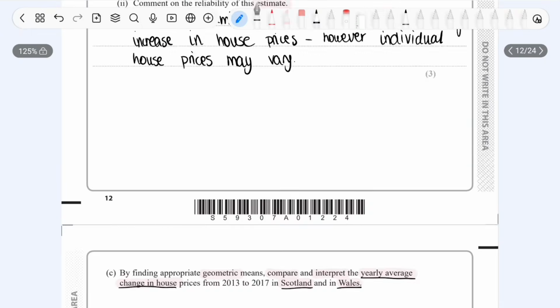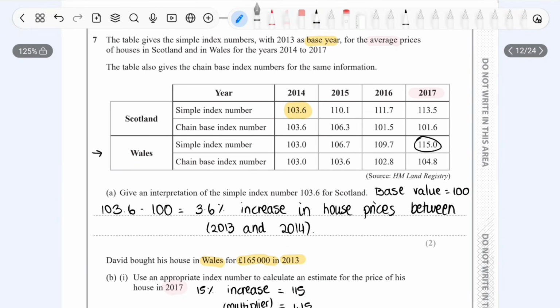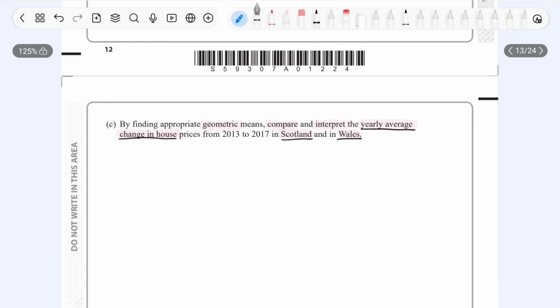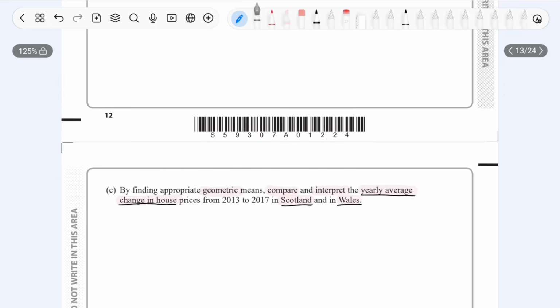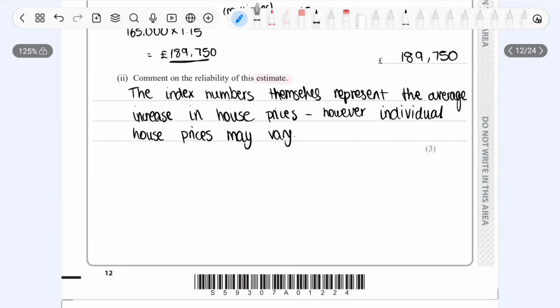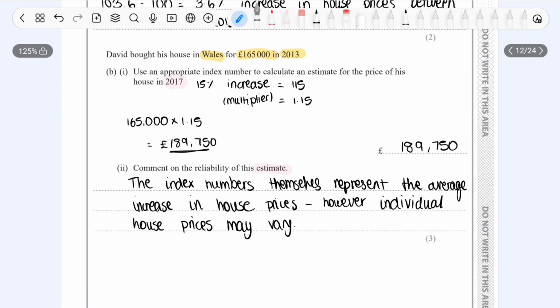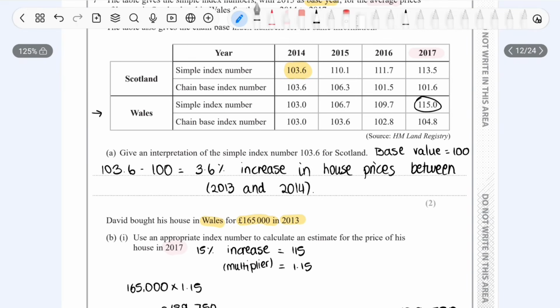Whereas the first part was the simple index number, which represents the change from the base year, here it's showing the yearly average change in house prices, which indicates we're using the year before the last. So if you're using 2015, the previous year would be 2014, and if we move to 2016, the previous year would be 2015. So which one do we use?